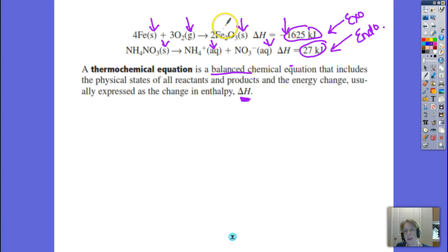So this equation, as written with the appropriate ratios, thanks to the coefficients, will give off this much energy. Now for our ammonium nitrate, breaking down into ammonia plus nitrate, that is actually going to take energy, and it's going to take 27 kilojoules to make that happen. So it's going to be endothermic. It's going to absorb that energy from its surroundings.